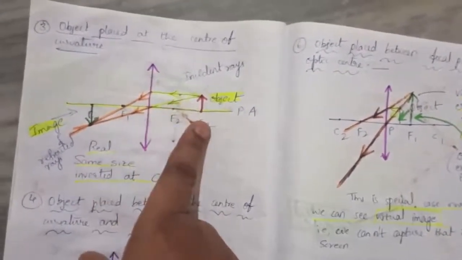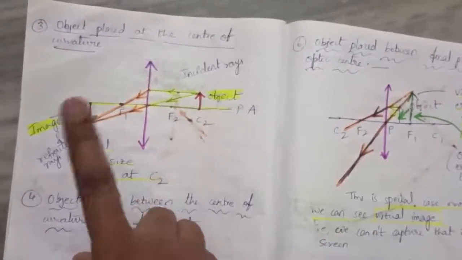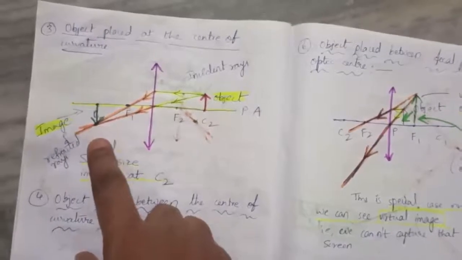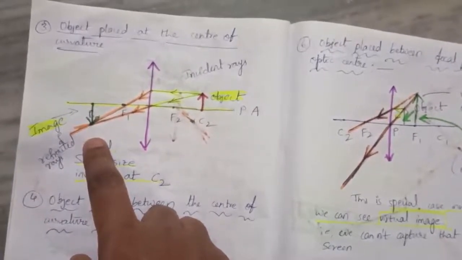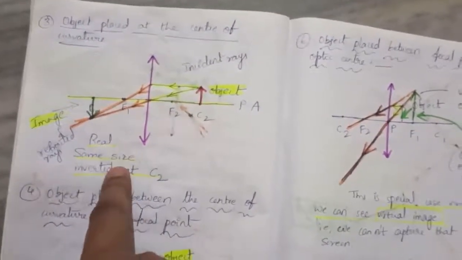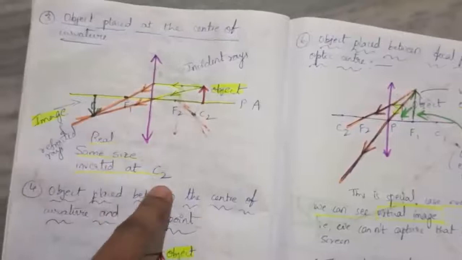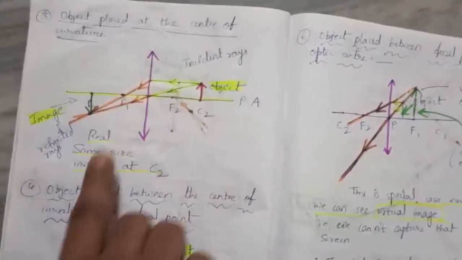Here we are taking the object at center of curvature 1 and the image will be at center of curvature 2. This is a same-size, real, inverted image at C2. So this is the ray diagram for the object placed at the center of curvature.